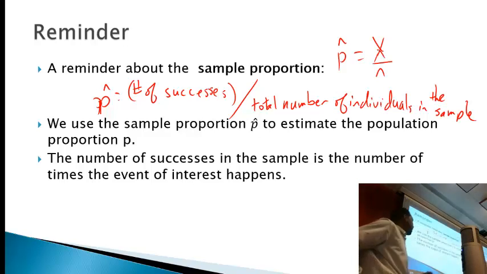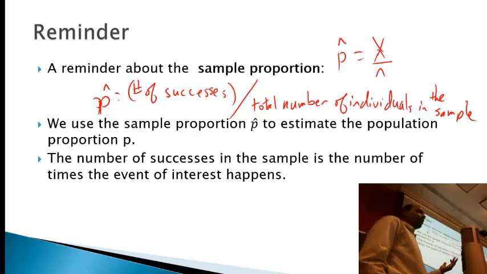Pretty much that, right? The number of successes that you have in some group divided by the number of individuals in the sample, or N, I guess you could say.